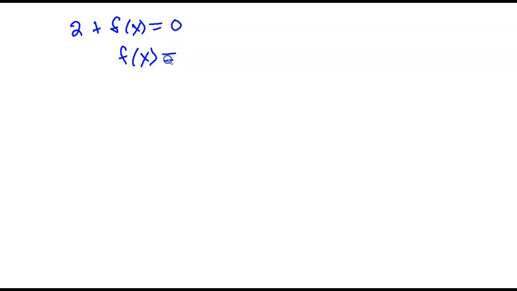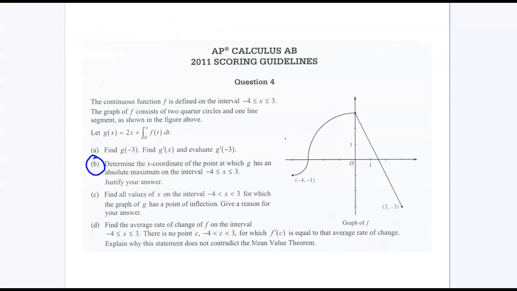So this critical number is going to happen when the function f is negative 2. Well, if I go to negative 2 and draw a horizontal line here, that intersection point is actually at 2.5, or when x is 5 over 2. And if you wanted to prove that, you could find the equation of the line, and you could equate the equation of the line with negative 2, and you'd find that the x-coordinate was definitely 5 over 2.